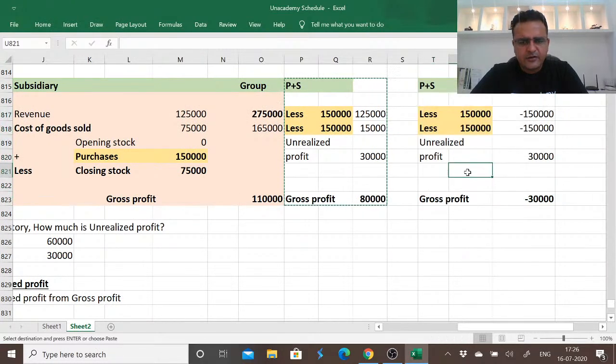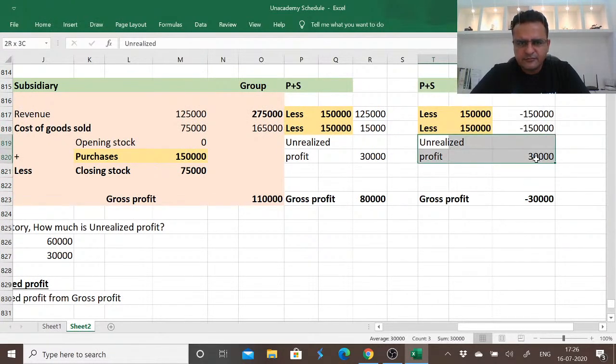instead of adding it to the cost of sales, we reduce it from the total gross profit.